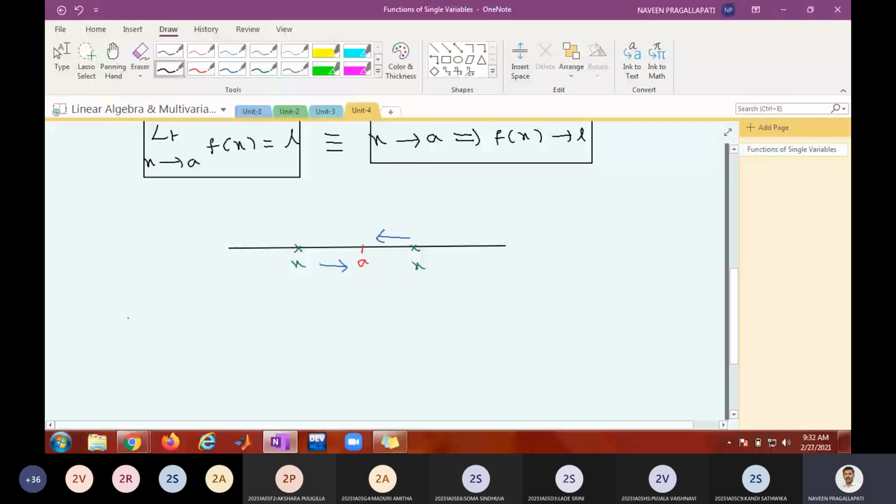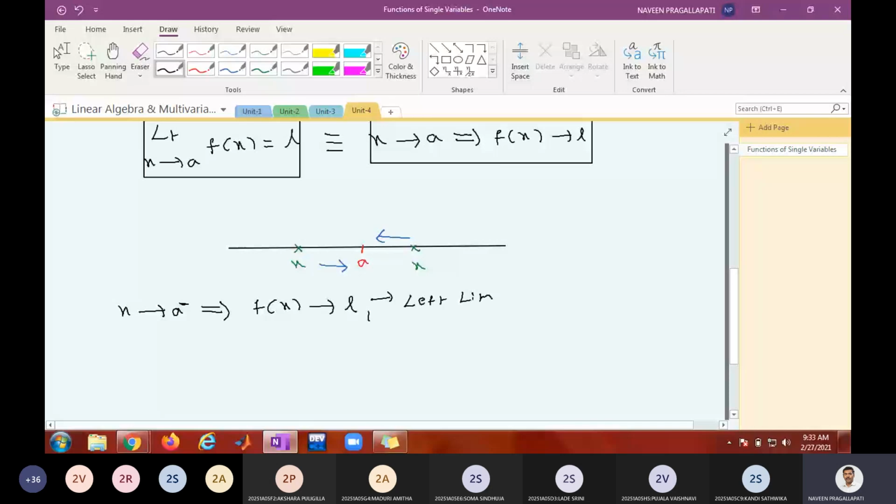Whenever x is approaching a from the left-hand side, minus means x is approaching a from the left-hand side, then f of x should approach a number called L1. In that case, the number L1 is called the left limit, right?